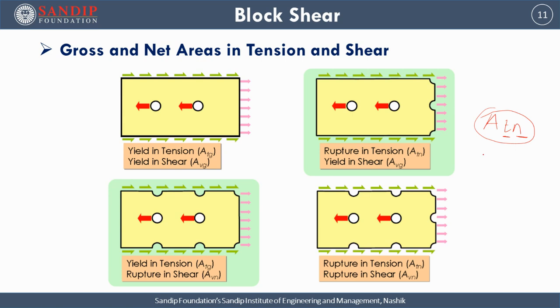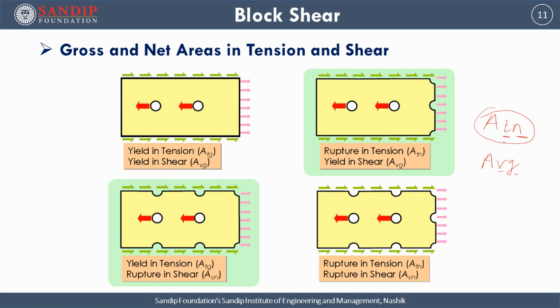Then yield in shear, so the gross area is always resisting yielding, and that too in shear. That's why this area is designated as AVG. V for shear, G for gross. So yielding is always resisted by gross area and rupture is resisted by net area. So block shear failure is a combination of yielding and rupture failure.